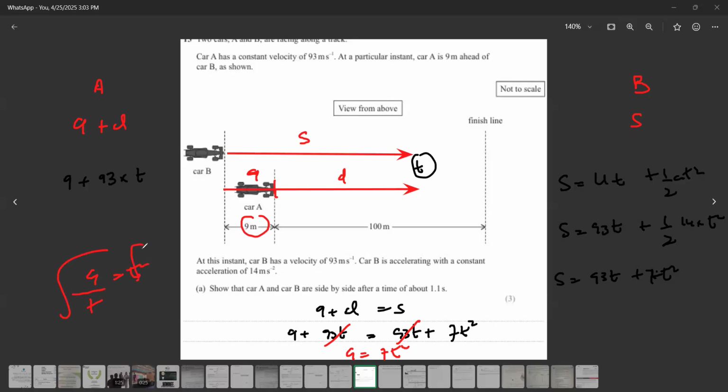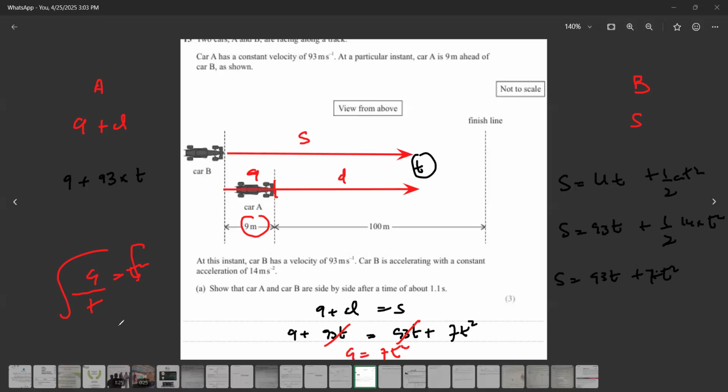So 9 over 7 is equal to t squared, and we take a root. What is the root of 9 by 7? It is 1.13.